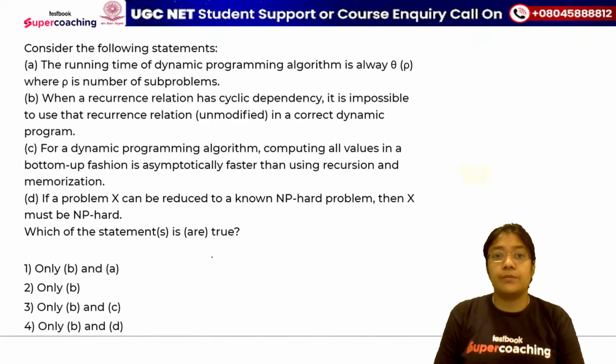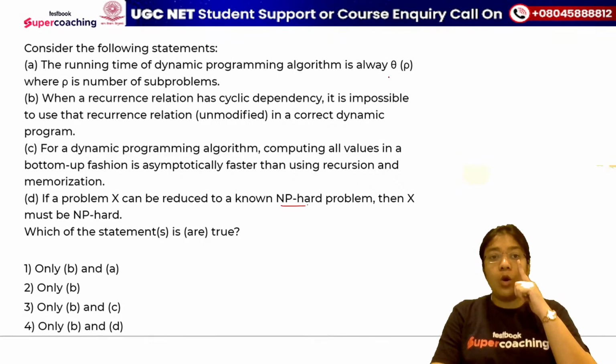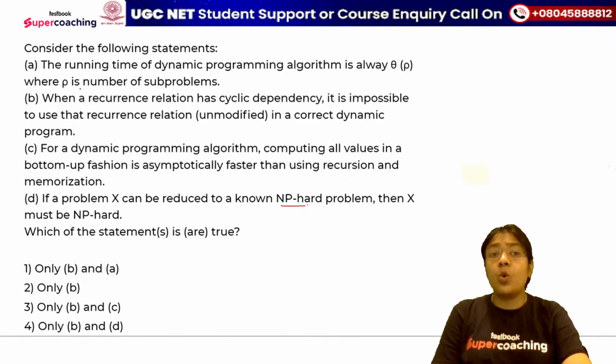Next question. In this case, it's talking about the running time complexity of dynamic programming, something related to NP-hard. The first 3 statements are related to dynamic programming. The running time of the dynamic programming algorithm is always theta of rho, where rho is the number of subproblems.